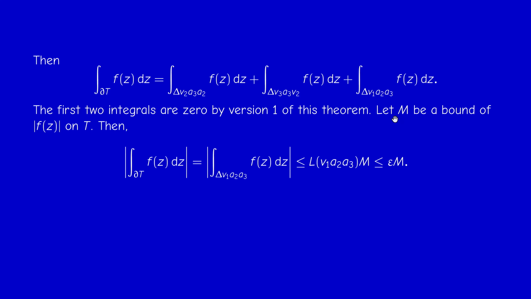Okay, so now the modulus of my integral over the boundary of the triangle is equal to the modulus of the third term here, because these two are 0.